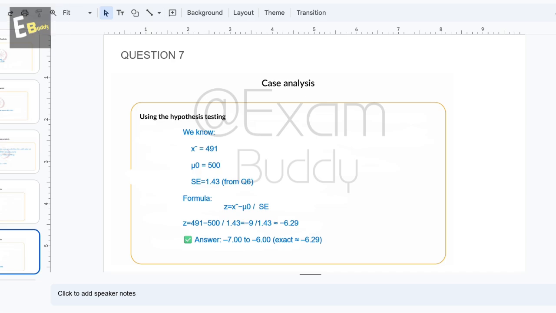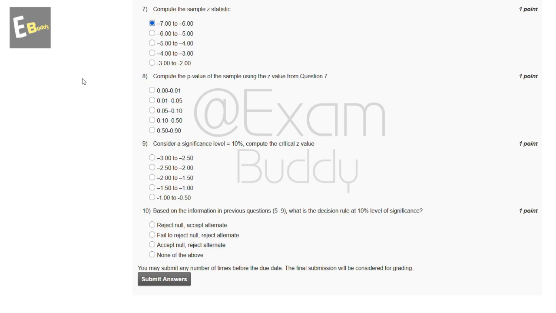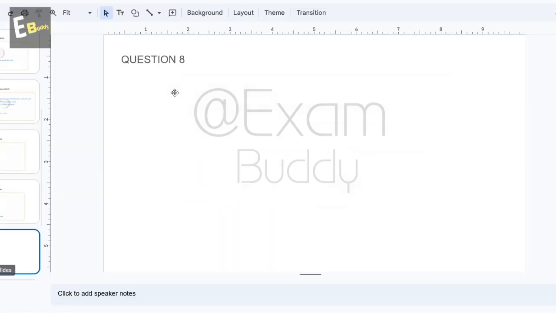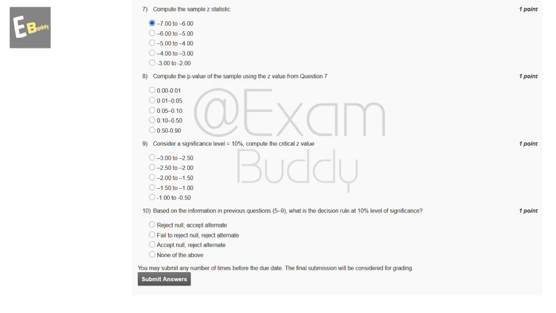So the answer of our seventh question is also A. Now the eighth question is: compute the p-value of the sample using the z value from question 7. From question 7, z is approximately minus 6.29. For a left tail test, the p-value is calculated like this, and the answer lies between 0.00 and 0.01. So the answer of our question 8 is also A.